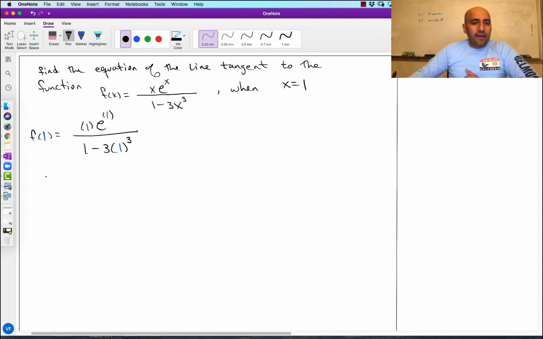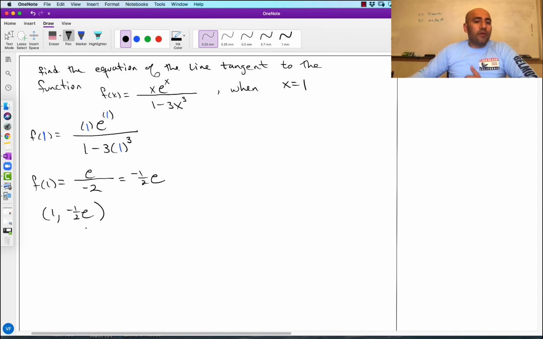And so we get that f of 1 equals e in the numerator, just e, divided by 1 minus 3, which is going to be minus 2. Okay. So then our ordered pair, this could also be rewritten as negative 1/2 e. So our ordered pair is going to be 1, comma, negative 1/2 e.